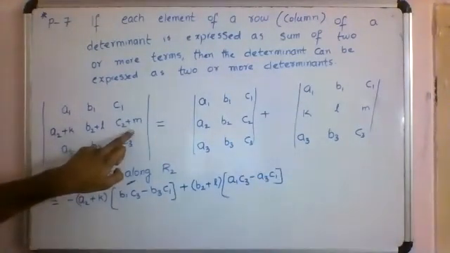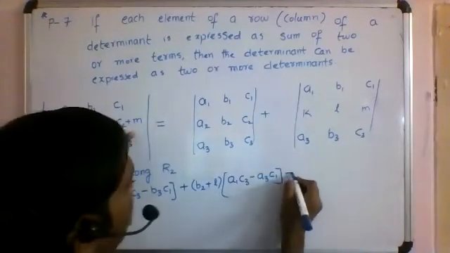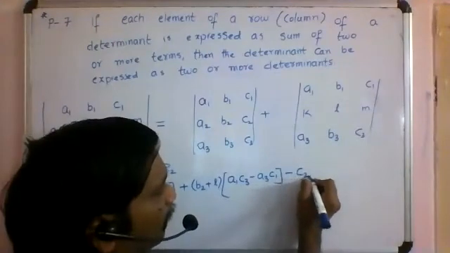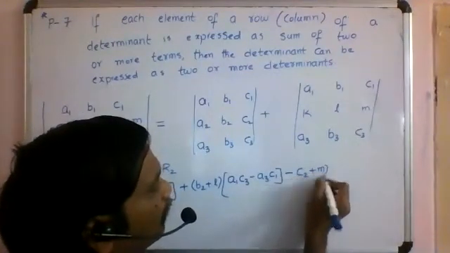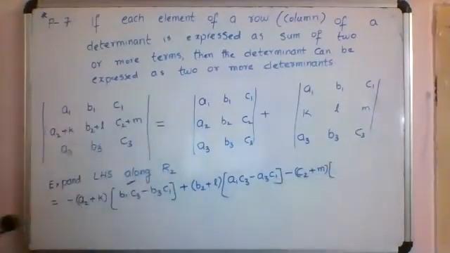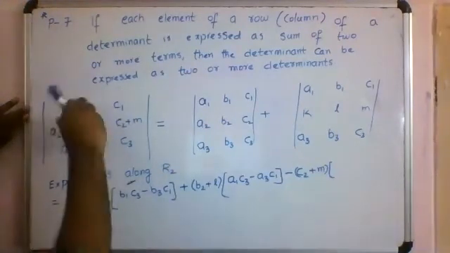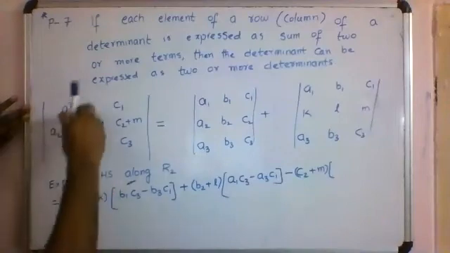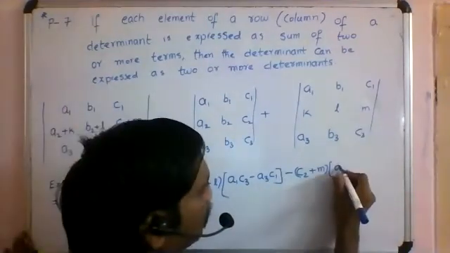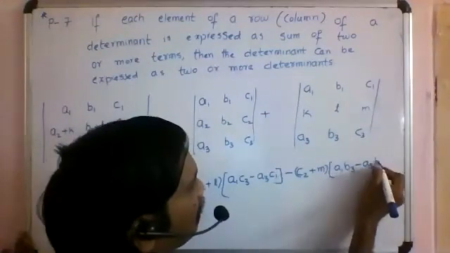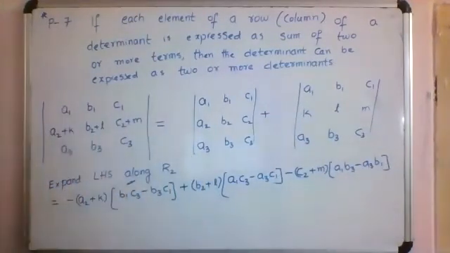For this, again minus, alternately minuses and pluses. C2 plus M into, you remove this column and this row, we are left with A1 B3 minus A3 B1. Right.